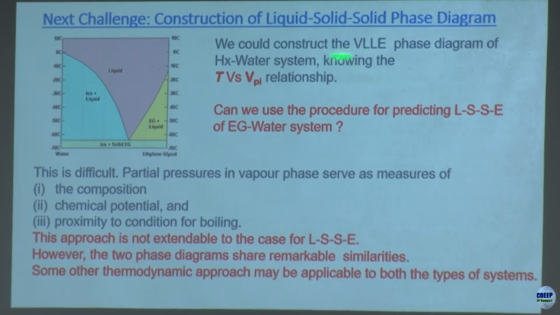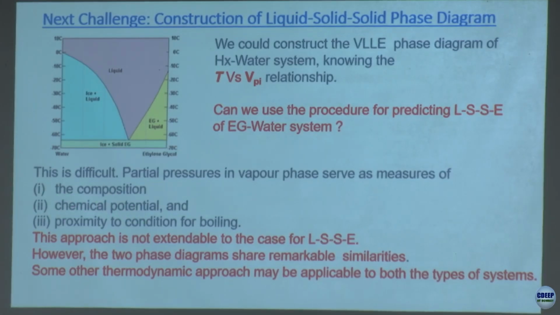Now, can we construct such a phase diagram like we did for the liquid-liquid vapor? We simply cannot. The reason is that in a vapor-liquid system, the partial pressure in the vapor phase serves many purposes, okay. Number one, it is also a measure of the composition in the vapor phase.